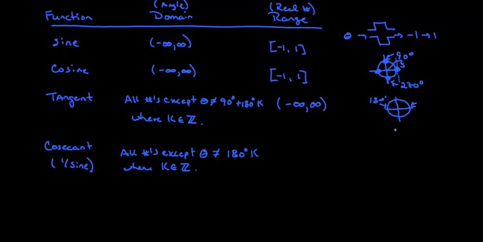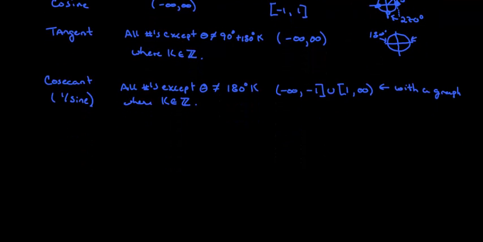If we divide 1 by a decimal that's between -1 and 1, we're going to get a value out that's more than 1 in size. So we can get out all negative values up to and including -1, and then we can get from 1 out to infinity. Seeing this is easier with a graph, but we're not in a position right now to graph it. So you're going to have to either just remember this or go through it logically as far as why it would be the way it is.